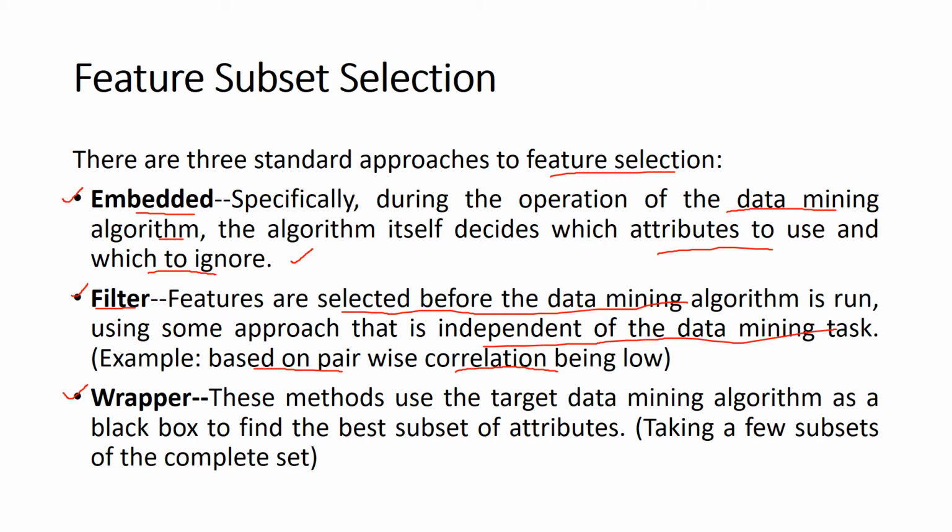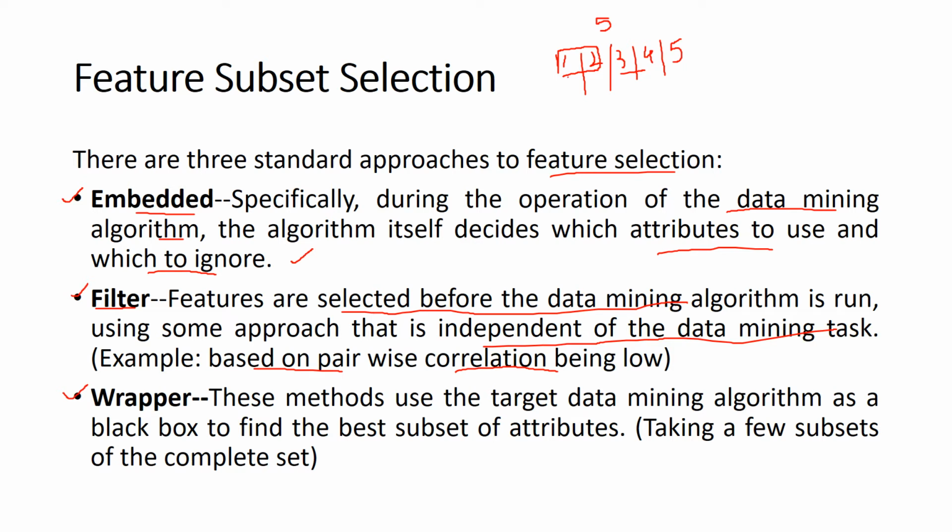For example, let us say we have 5 features in a data set. So 1, 2, 3, 4, and 5. These are the features that we have in the data set. Now what we are going to do is check pairwise correlation between 1 and 2, 1 and 3, 2 and 3, 3 and 4, 4 and 5, and all these pairs.